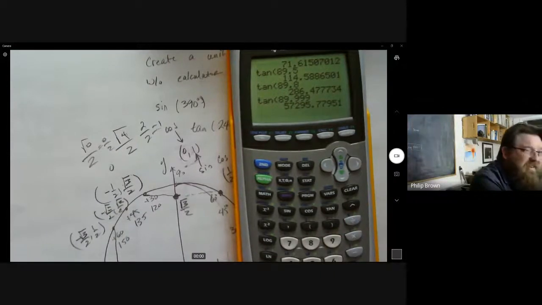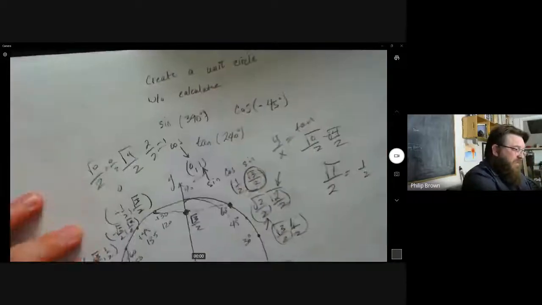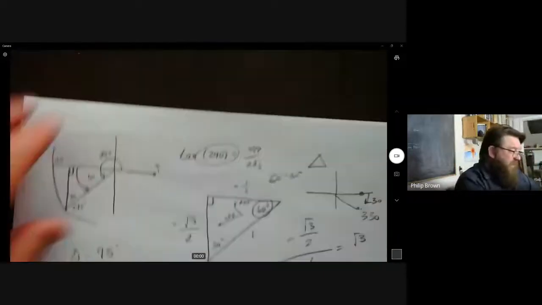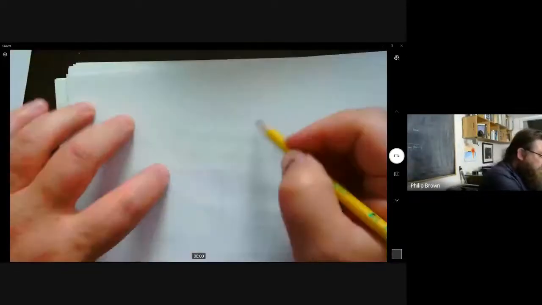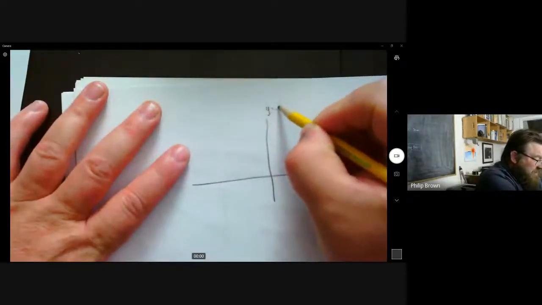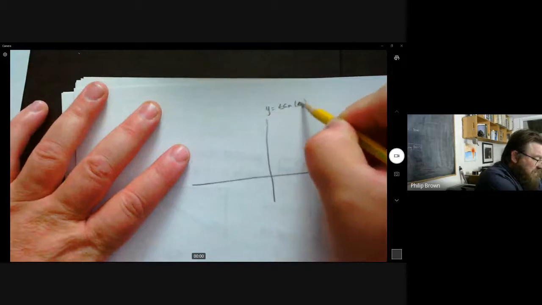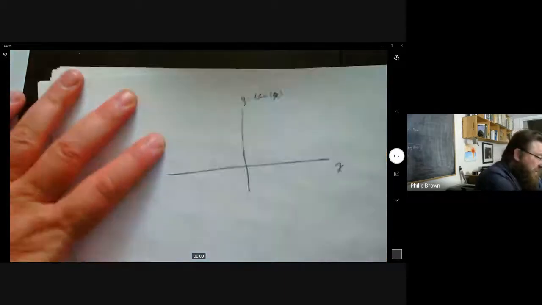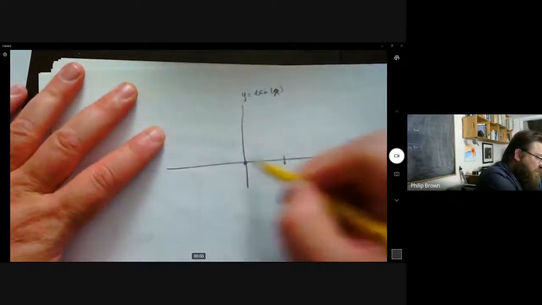It's kind of crazy. And one of the things we're going to be doing soon is we're going to graph your function. Your y is going to be tangent of an input of x, and your x will be the angle. So like here's 0 and here's 1.